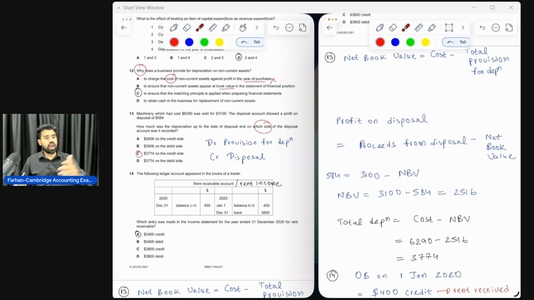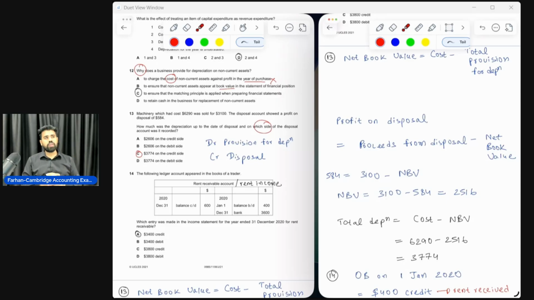So whatever wear and tear and obsolescence and the loss in value the machinery would have gone through, they would be stored in a separate account, which is the provision for depreciation account. And that account, being a contra asset account, must have an opening balance of credit, because it is not an asset, it is a contra asset, right?